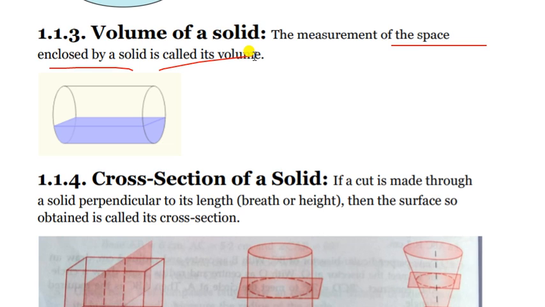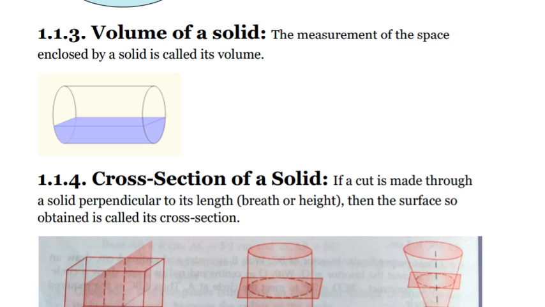If one water pipe contains 5 liters of water, that means the volume of that water pipe is 5 liters. Is it clear? It is the measurement of the space enclosed by the solid.